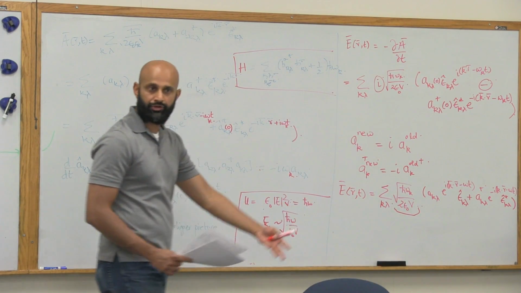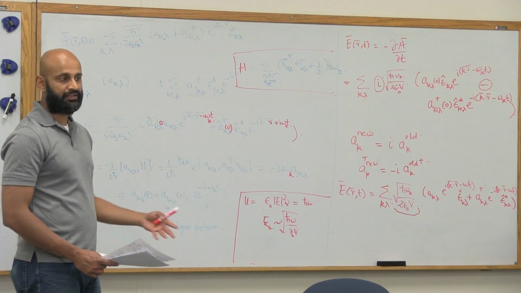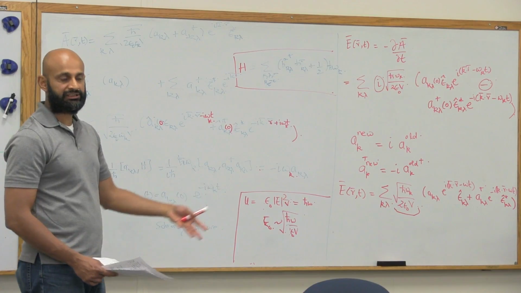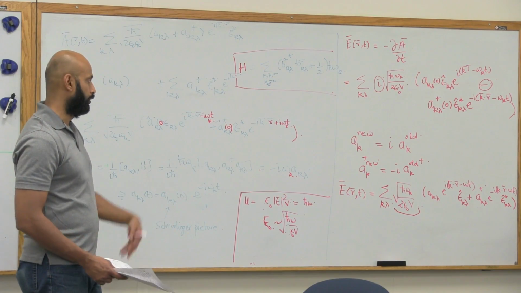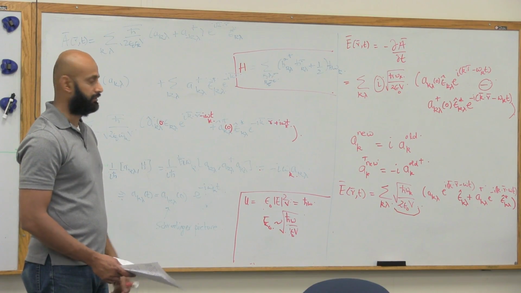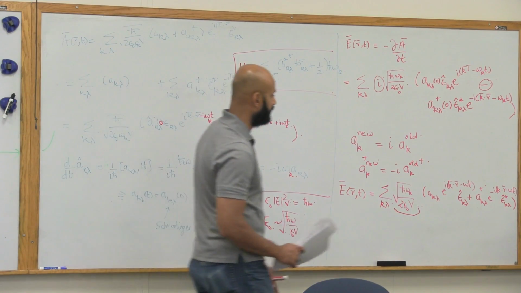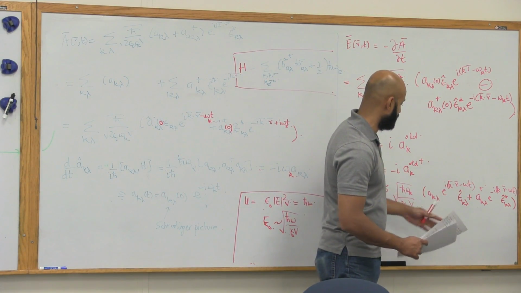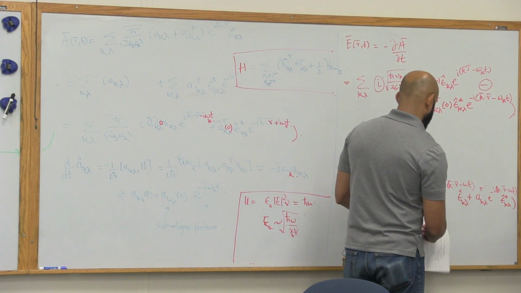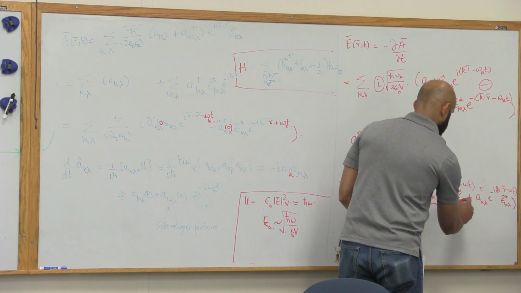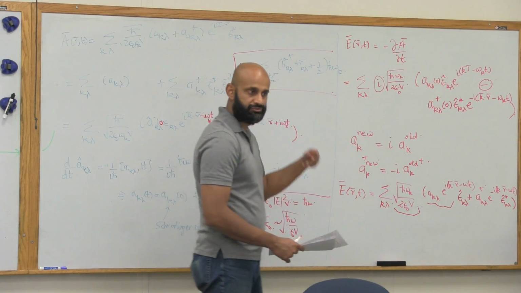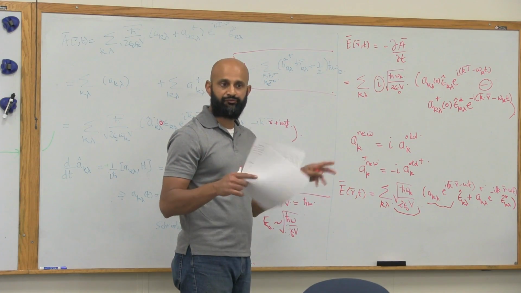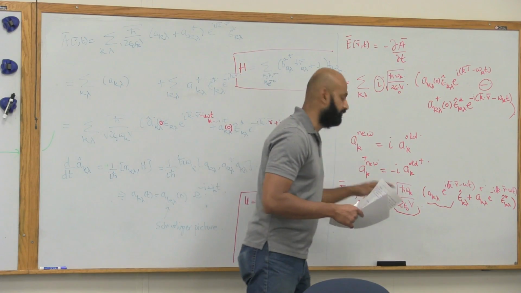And in fact, later on in the class, that's exactly what we're going to solve: what happens when you do include interactions with other field modes, other atoms, and so on. But for now, it's common to refer to the term that goes with e to the minus i omega t as the positive frequency part of the electric field.